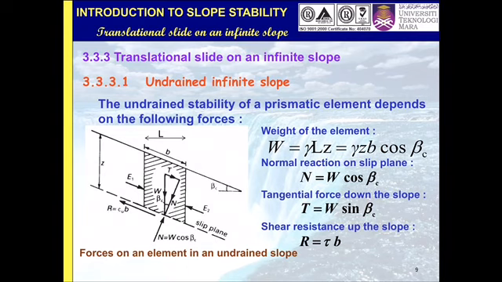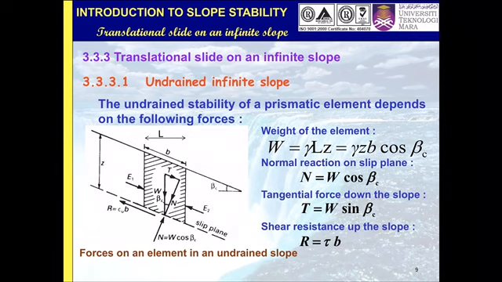These three forces, the normal reaction force, the tangential force, and the shear resistance force, actually come from this forces element. The weight of the soil is equal to gamma Lz. Gamma is the unit weight of the soil. L is the distance between these two lines, in horizontal.